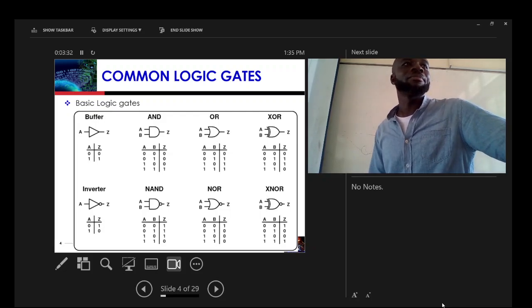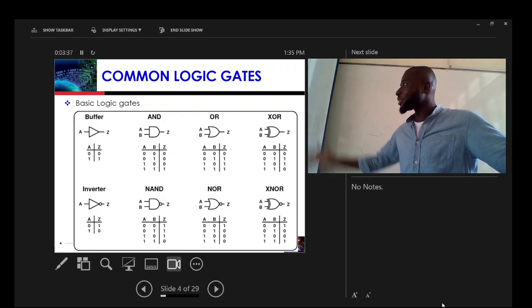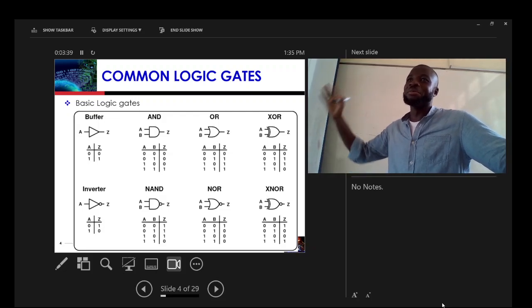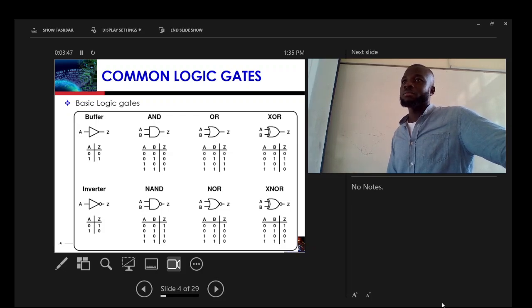Not entirely. Anybody else? What does it do? Just look at the truth table and tell me what it does. The last person.